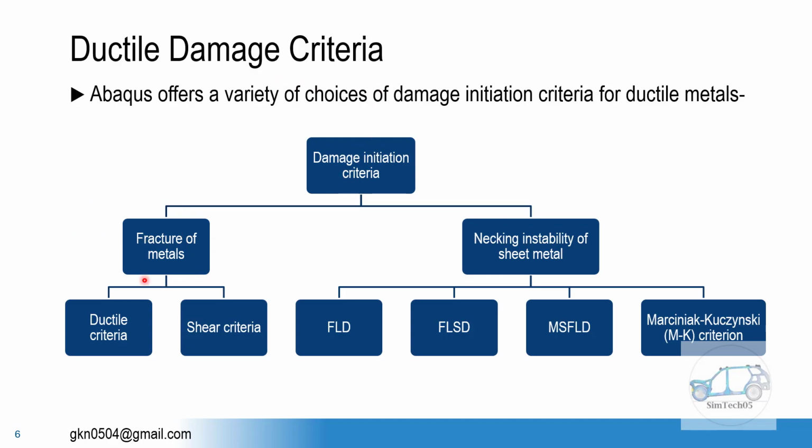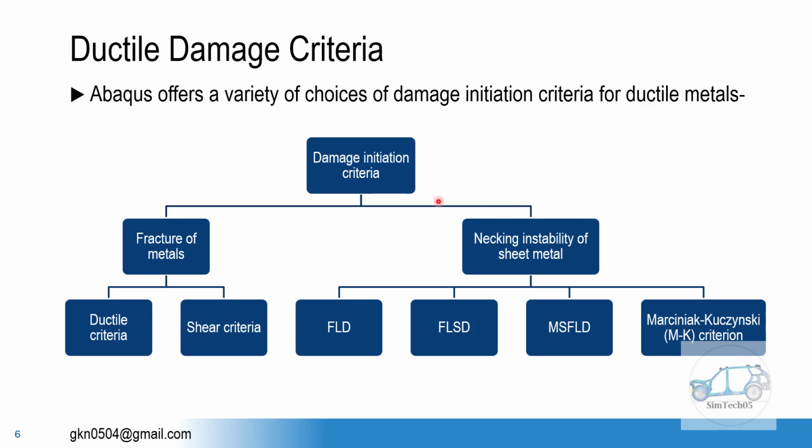Especially for the fracture of metals, we have ductile criteria and shear criteria. And for necking instability, especially in sheet metals, we have forming limit diagram FLD curves. This FLDS represents the forming limit stress diagram. MSFLD is the name of a researcher prefixed to FLD, and another criterion we have is the MK criterion.